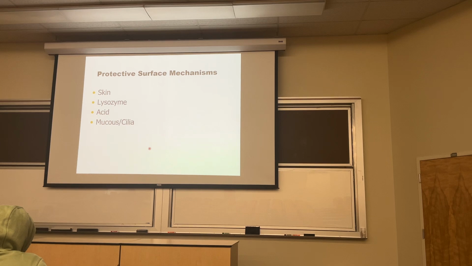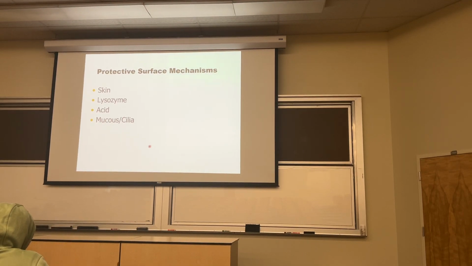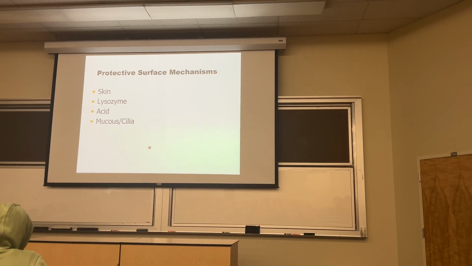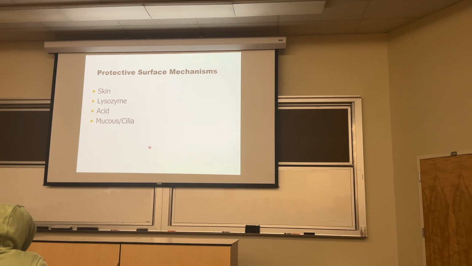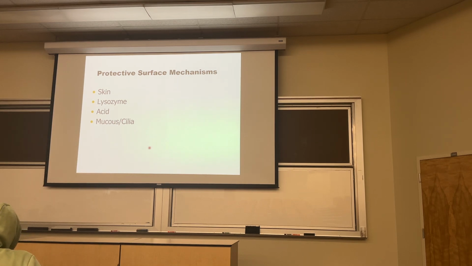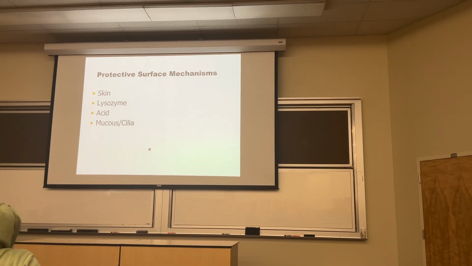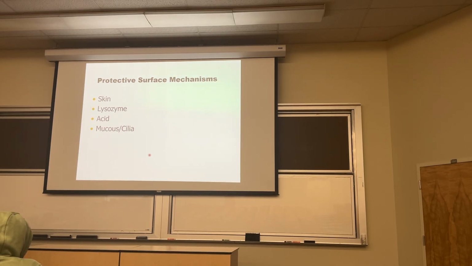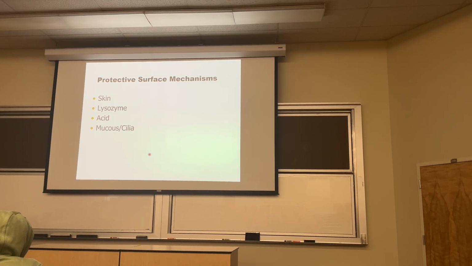We also have enzymes, which are antibacterial, antipathogenic. Lysozyme is one. It's in the tears, it's in the saliva, and that helps protect us. Acid, there's a little bit of a lower pH on the surface of the skin, a little acidic environment, and then, for instance, in the vagina and the stomach, that helps prevent pathogenic organisms from taking hold.